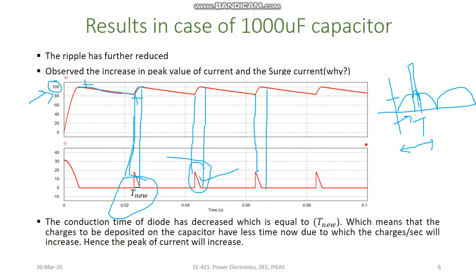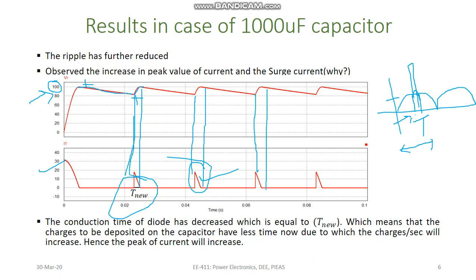Because now the conduction time of the diode has reduced, and the number of charges to be deposited per unit time has to increase in order to maintain the same value of the current. So that's why the peak value and the surge value of the capacitances and of the diode will keep on increasing.